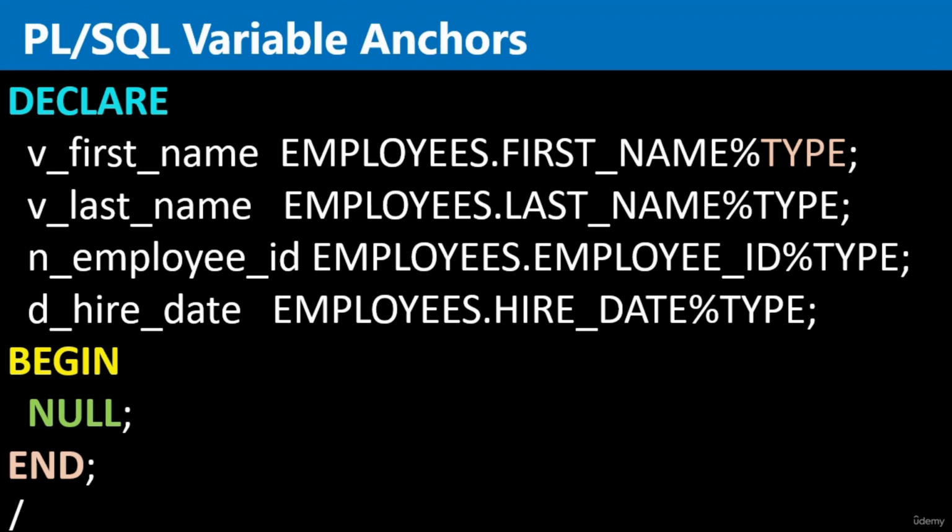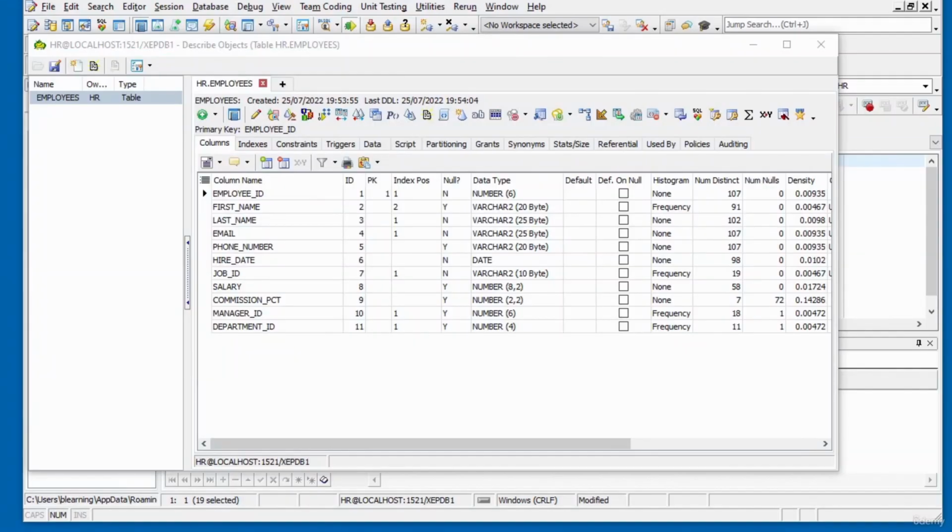If we take a look at the first variable, which is v_first_name, this variable has a data type that is the same as the data type of the first_name column in the employees table.